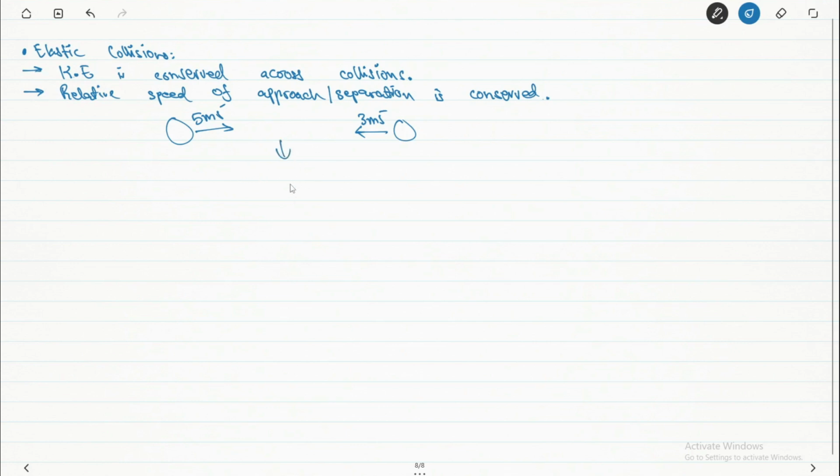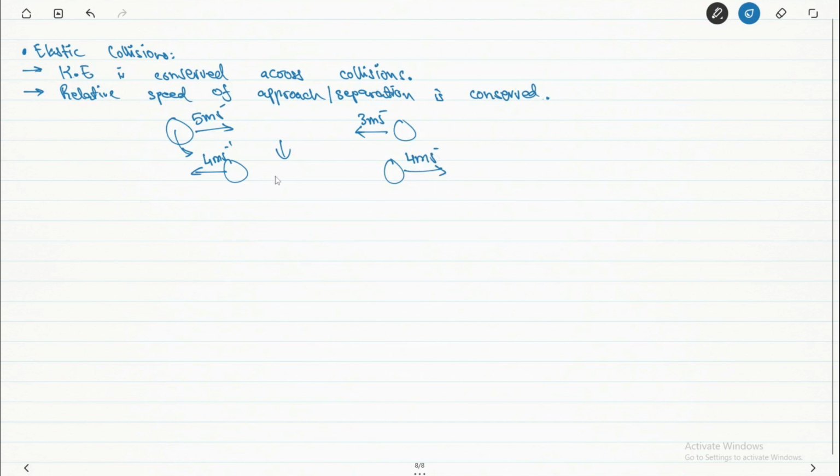Now, what if the collision is elastic? Their velocities would be such that when they separate, for example, this was 8, and the velocity of this object becomes 4 meters per second to the left, the velocity of this object would also be 4 meters per second to the right.